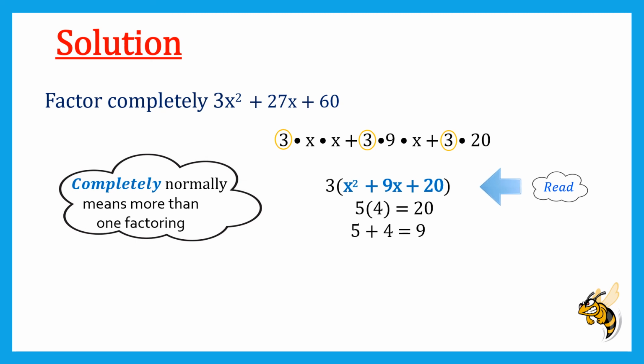Since it was a positive 20, both signs have to be exactly the same, and they take the sign of B. And the sign of B in the parentheses is positive because it's plus 9. So therefore, it's going to be 3 times x plus 5 and x plus 4. See, 5 plus 4 is 9, and 5 times 4 is 20. So therefore, that's the correct answer.